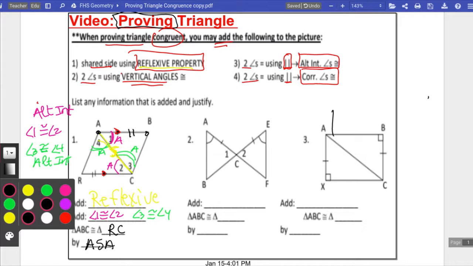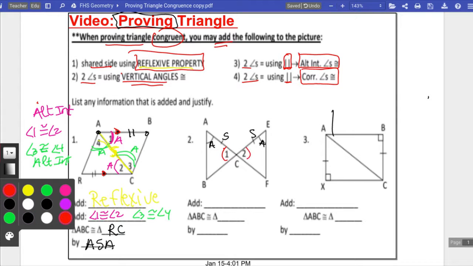All right. So let's move on to the next. With number 2, we can do vertical angles. First, you have an A here, then you have an S here, then you have a side right there, and then you got yourself a vertical angle.